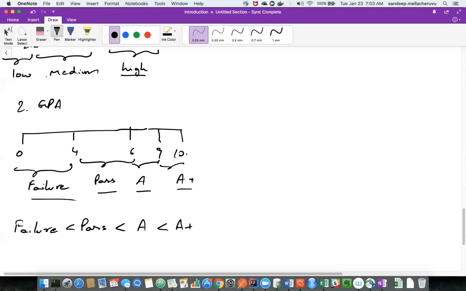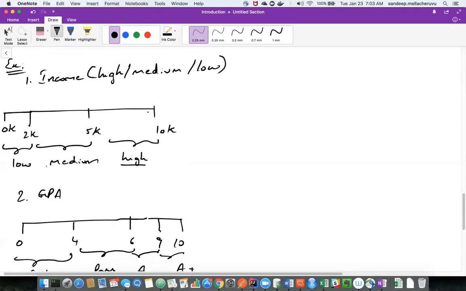Is that clear, Vidya? Yeah. And you also mentioned that we will never know how they are spaced, like income is just high, medium, and low. Sometimes, yes. In income, probably no. If you say to some of your friends that your income is very low, it may not be low according to your industry standard. It may be low only according to your standard.